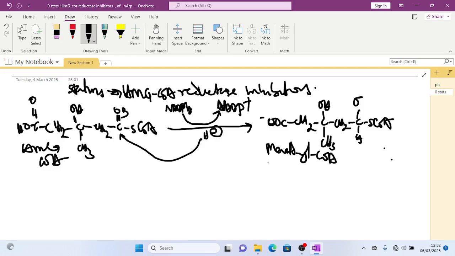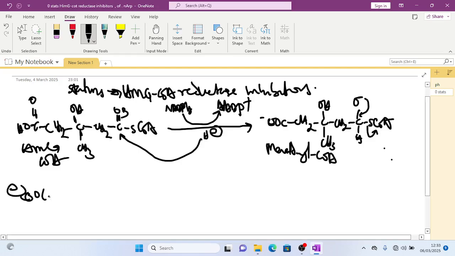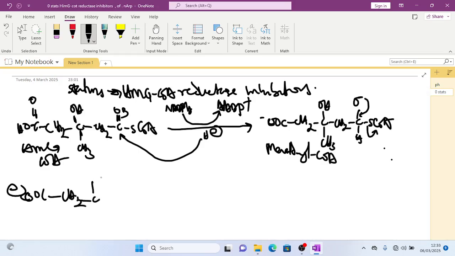So what happens to mevalonyl-CoA is, of course, resonance will occur, pushing out this, and so we get a new substance that is now an aldehyde, right? This new substance is going to be called mevaldehyde, because it's an aldehyde.